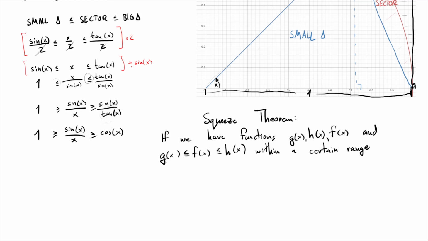Okay, so g of x isn't always going to be less than or equal to f of x, and h of x isn't always going to be greater than f of x. But within a little area of our graph, we want it to be that way for certain.